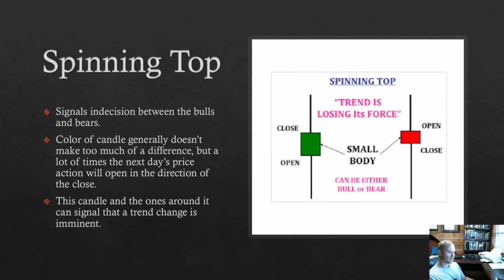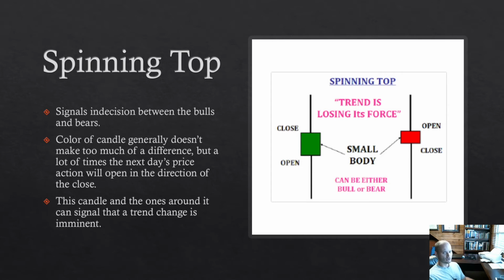That doesn't mean that we are going to have a trend change, but it means that there's a possibility a trend change could be coming up, so you need to watch the developments of the candles. Most of the time, with spinning tops, the next candle that forms after the spinning top will more than likely be in the direction of the spinning top's opening price.